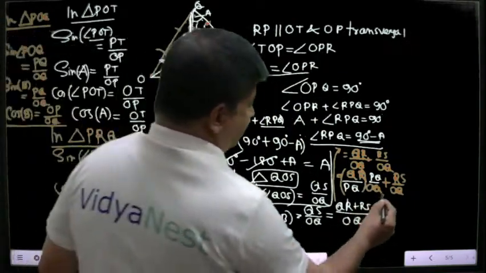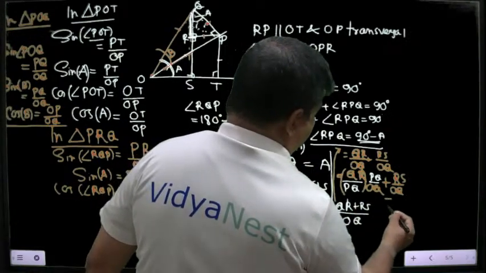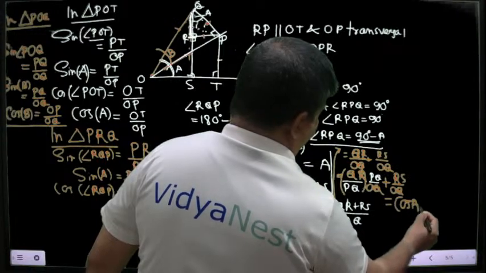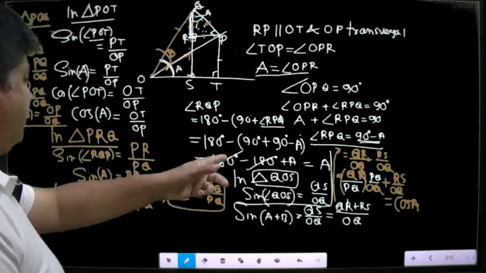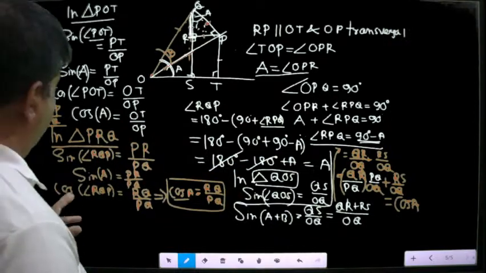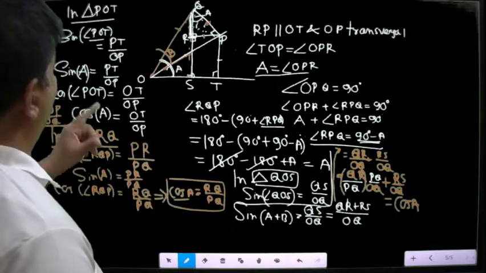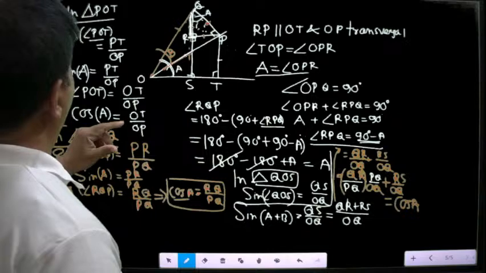Cos A. I can write cos A. Instead of PQ by OQ, you see PQ by OQ.